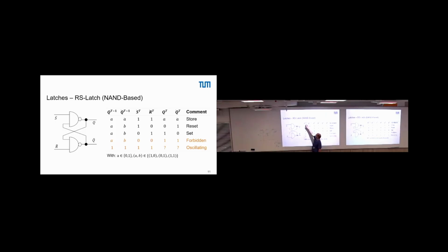And that is what I mark here as Qt minus 1 and Q bar t minus 1. What I further have to do, not 2 to the power 4 different inputs, I reduce this by saying Q or Q bar can take a value A or B. And A or B are just placeholders for 0, 1.